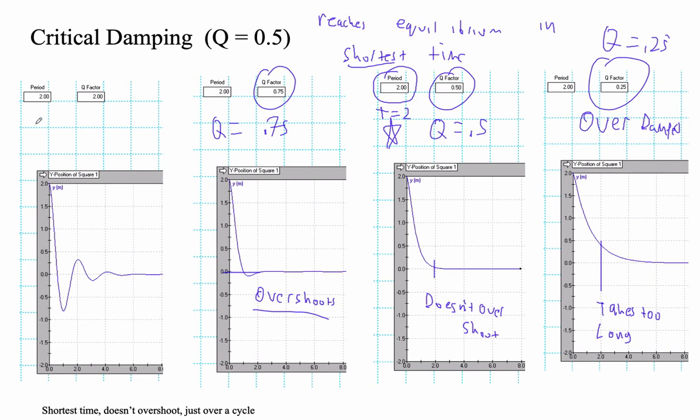And this is underdamped. Notice it overshoots a whole bunch of times, right? And I put a Q of 2 in there for that. Okay, so critically damped gets to equilibrium in the shortest time. It doesn't overshoot. Takes about one cycle. All right.